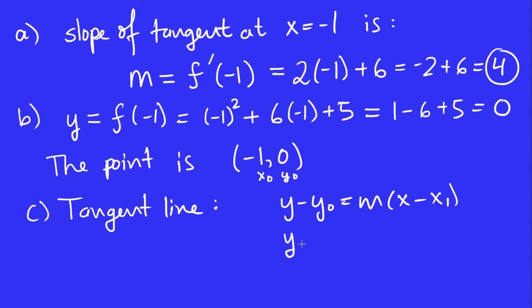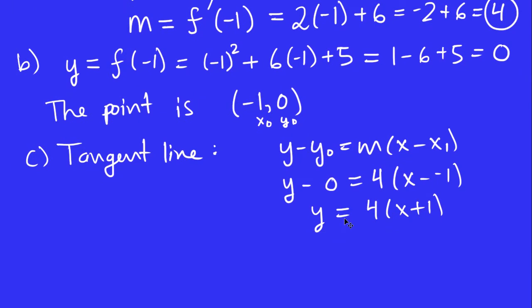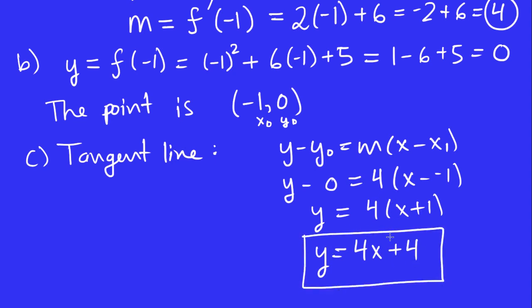So let's plug those in. y minus 0 equals 4 times x minus -1. y minus 0 is just y. x minus -1 is really x plus 1. And just to get this into the nice form, which is kind of the y equals mx plus b form, or slope y-intercept form, we'll just write it like this. So this is the tangent line, all right?